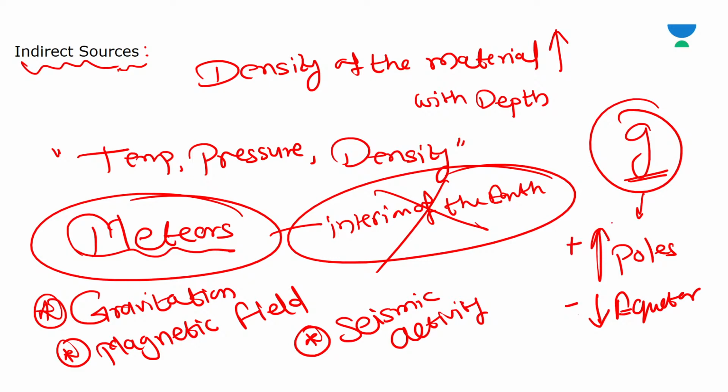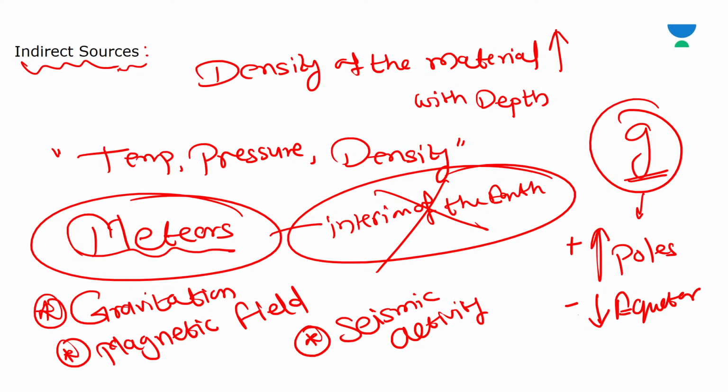So this gravitational force is not the same at different latitudes on the surface. This is because the distance from the center at the equator is greater than at the poles.